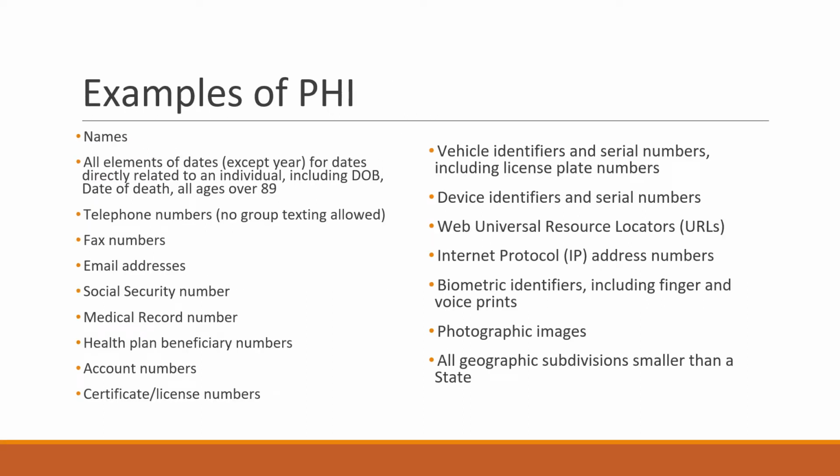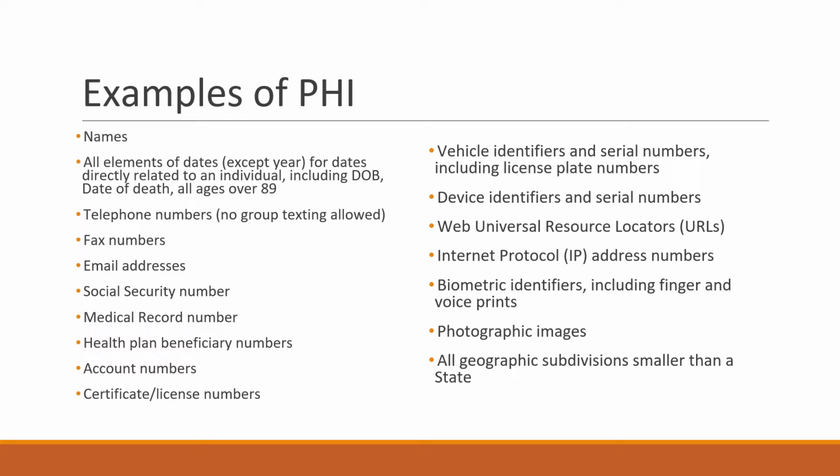So some of the examples are an individual's name, the elements of a date except for the year, telephone numbers, fax numbers, email addresses, social security numbers, and yes, the medical record number.